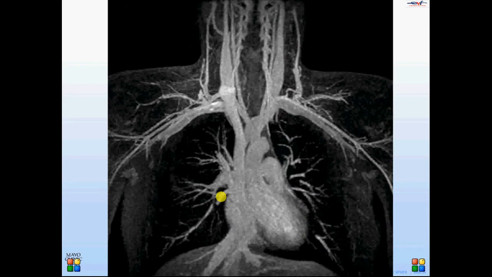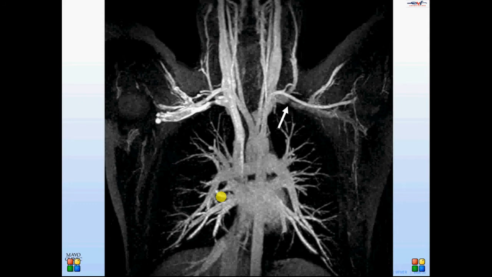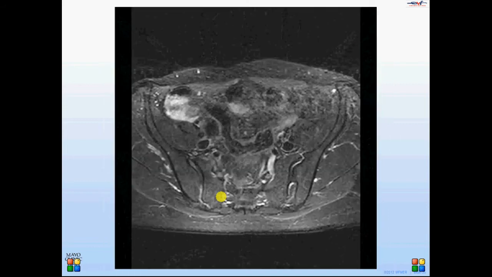This is also a blood pool agent, where the molecule is connected to the albumin and sits in the bloodstream for a long time. Here you can see both the arterial and the venous system, and then with the arms elevated you can depict the compression of the subclavian veins by the musculature in the shoulder.